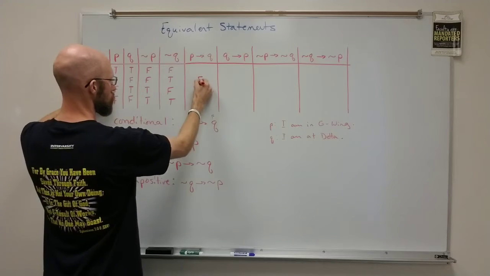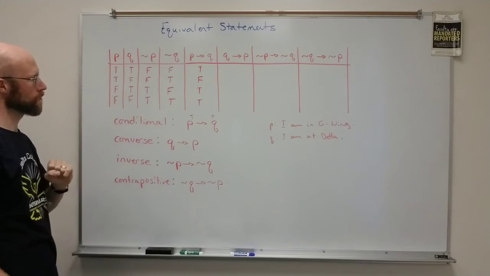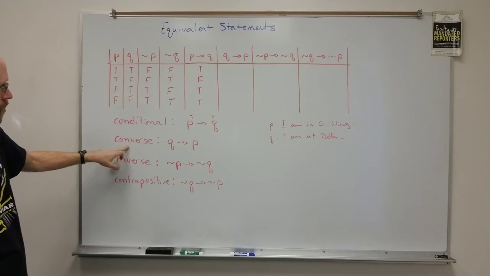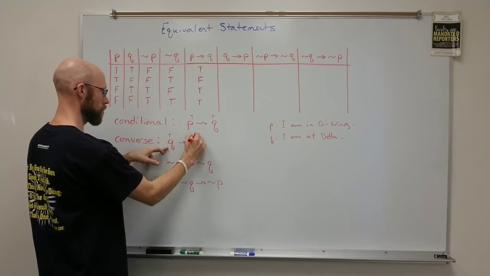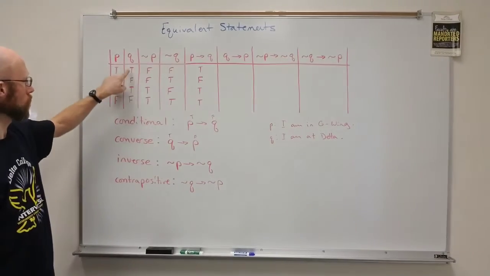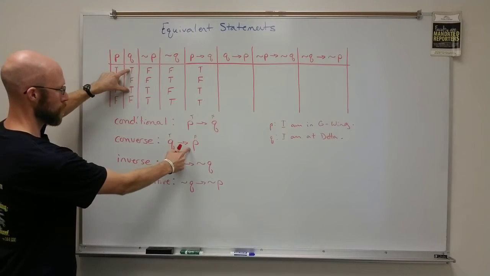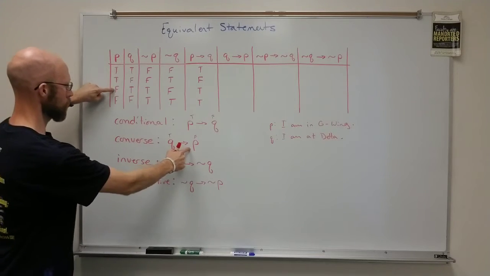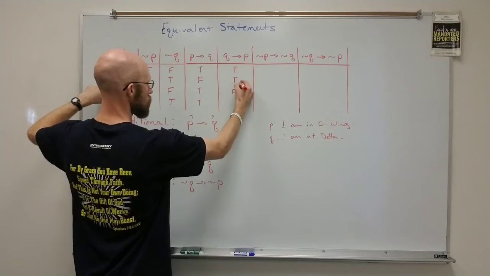That gives us false here, and everything else will be true. With the converse, I need, again, the antecedent to be true, the consequent to be false. So I look at Q and P. Q has to be true, that's one of these two. P has to be false, that's the third one. That gives us a false value here, and everything else is true.